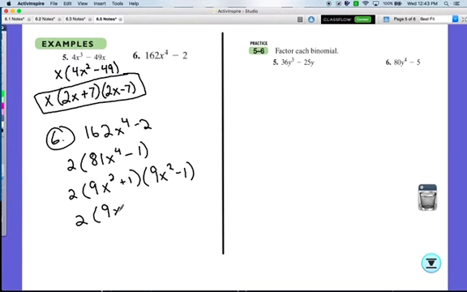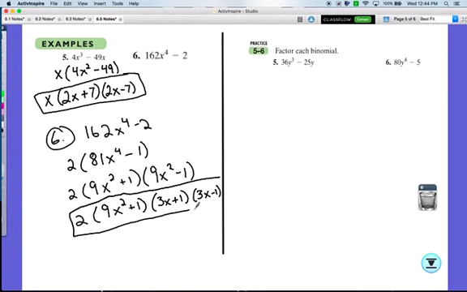I'll leave the 9x squared plus 1. All right, but the square root of 9 is 3, so I'll have 3x plus 1, 3x minus 1. So this one got all the way factored out into here. All right, try your practice problems.